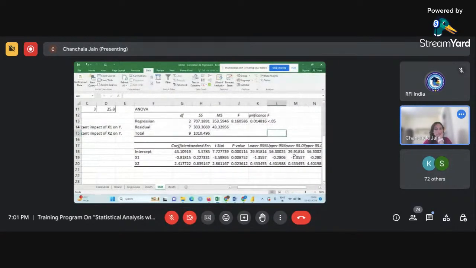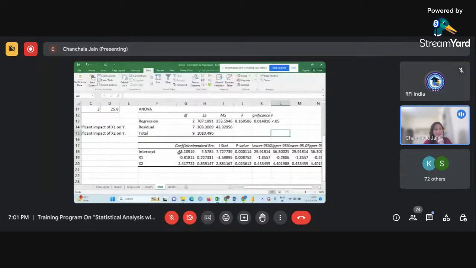Now, talking about the intercept and the coefficients, we need to see whether these are significant or not. Looking at the p-values, the first, second and third, all three values are less than 0.05.